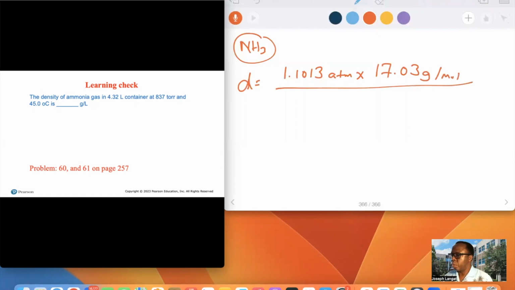Divided by the universal gas constant, 0.0821 liters times atmospheres over mole times Kelvin, times the temperature. 45.0 degrees Celsius is 318.15.